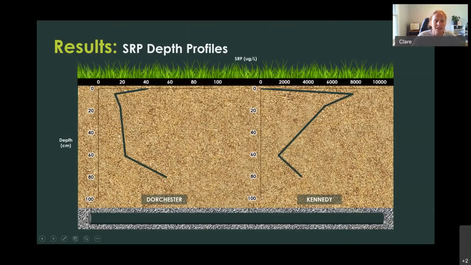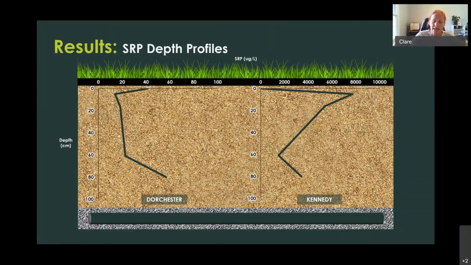And while there's a common consensus that phosphorus is often increasingly removed with depth in these systems, we see this isn't the case. For both these systems, as well as other systems we monitored, we see that due to a change in pH and redox conditions at depth, we actually see release of phosphorus at depth. And this highlights the importance of really understanding the geochemistry conditions all the way through these cells if we're going to have good phosphorus removal within the systems.